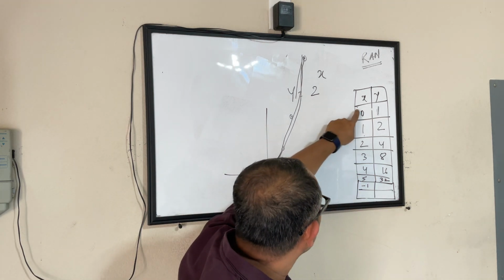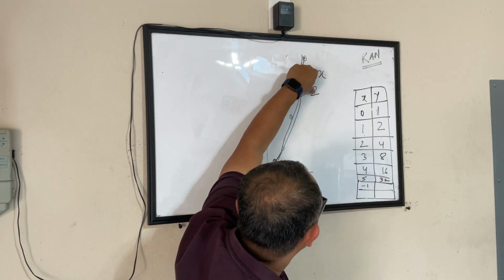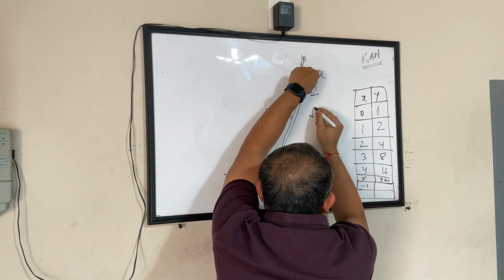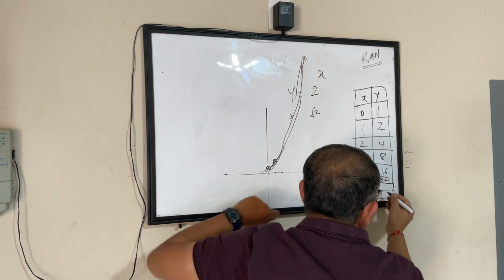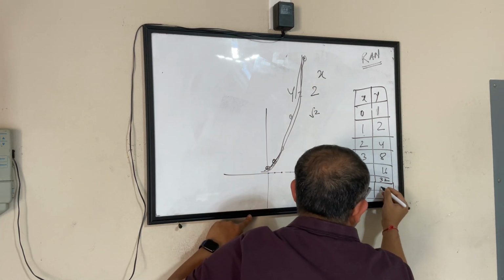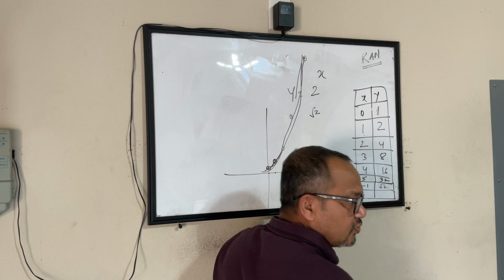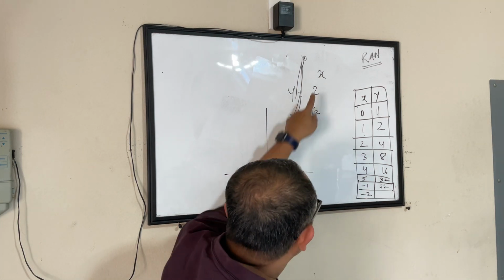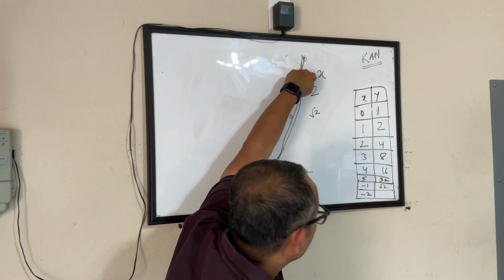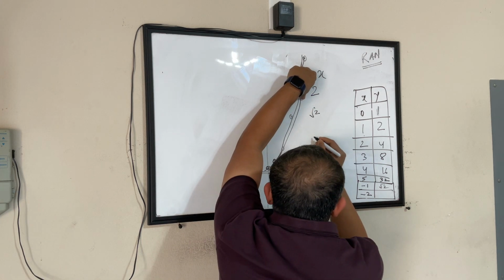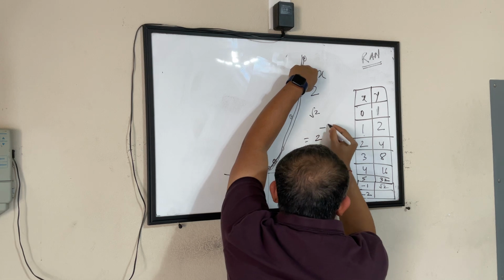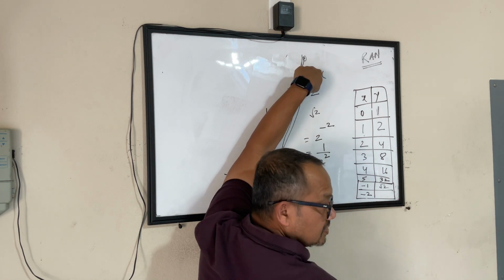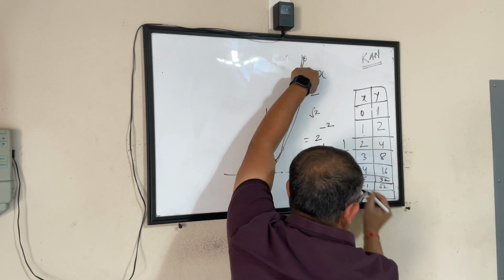Now, let's look at what happens when I put minus 1. When I put x equal to minus 1, this becomes 2 to the power minus 1, or 1 by 2. When I say x equal to minus 2, it becomes 2 to the power minus 2, which will be nothing but 1 by 2 squared, or 1 by 4.